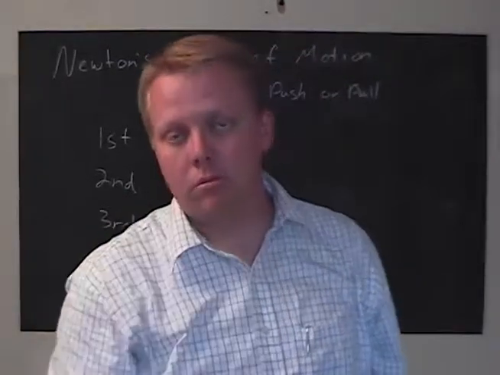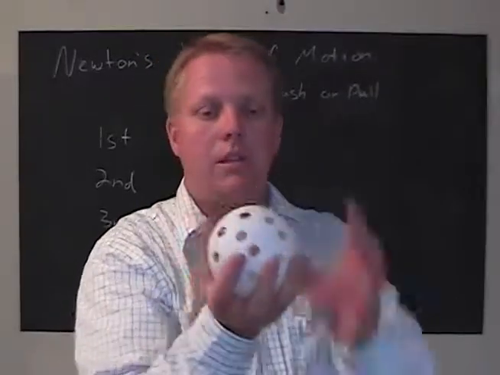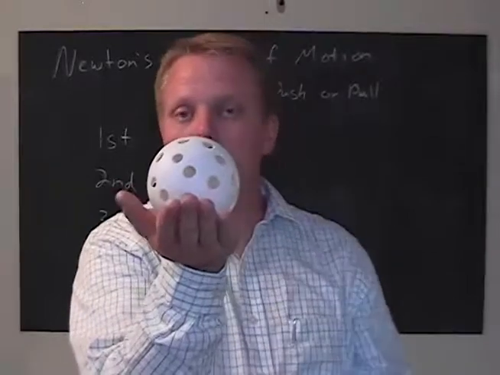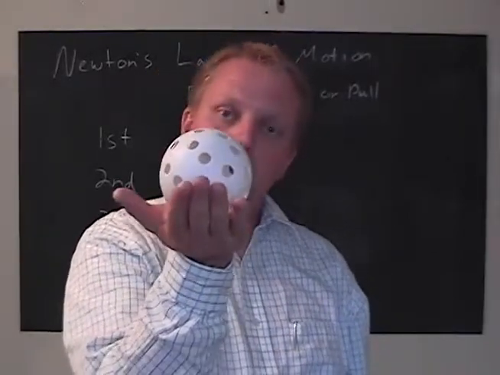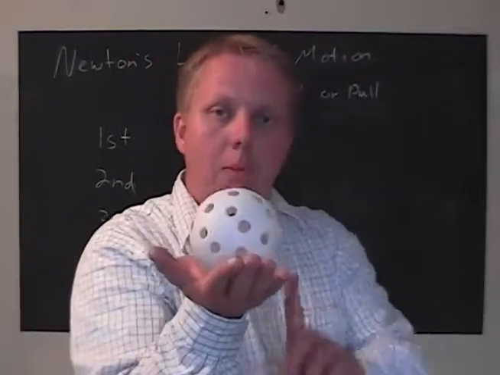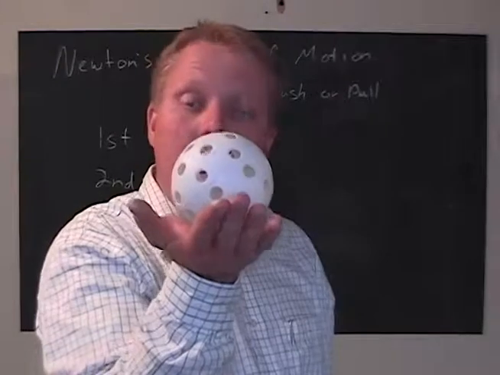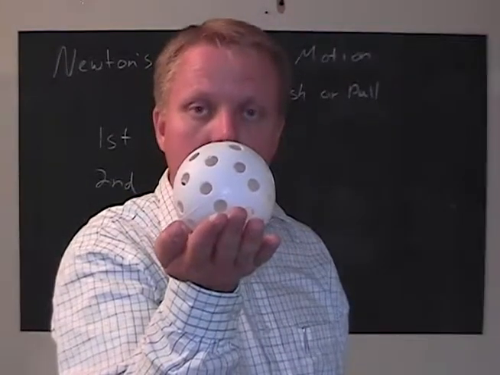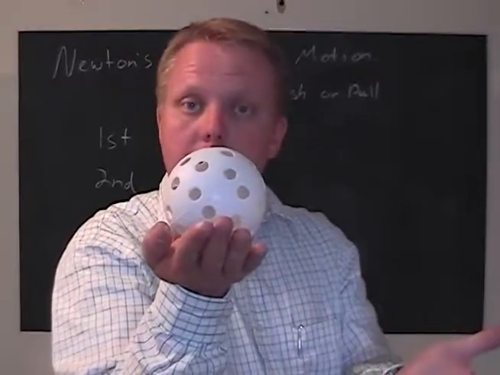If I let go, it falls every time. But I'm counteracting gravity with a force of my own. My hand is applying a force upward on the ball, a push that is opposite and equal to gravity, so there's no unbalanced force on the ball. That's why it's stationary. I'm balancing one. There are no other forces acting on it.